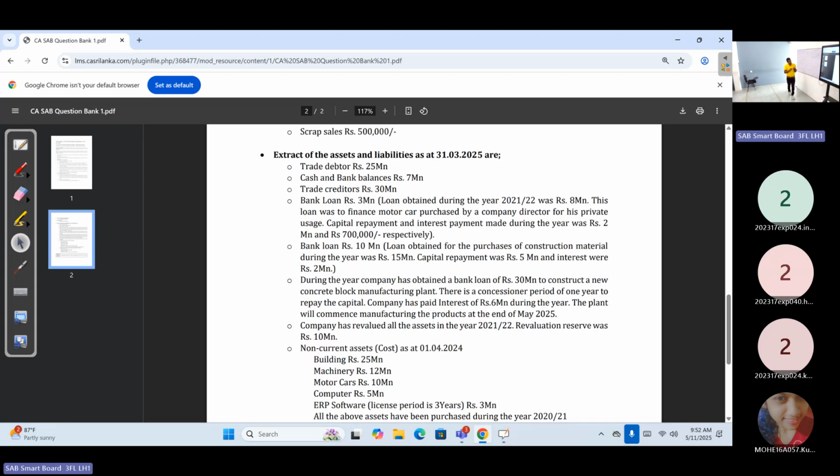So therefore it is disallowed. How much? 700,000. Second thing, bank loan 10 million, loan obtained with the interest.